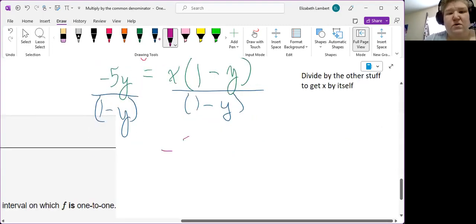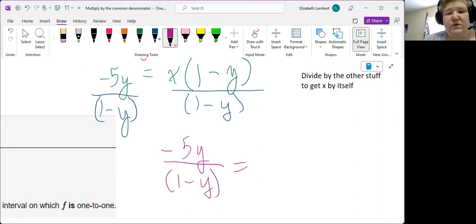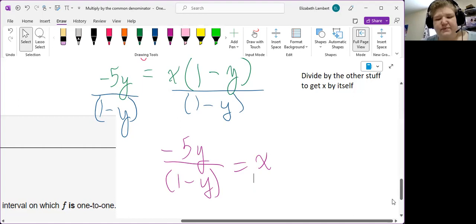So negative 5y over 1 minus y equals x. All right, that is our next step on our crazy find the inverse process. Now that we got x by itself, now we're on to the swap step, and then we just change the label.